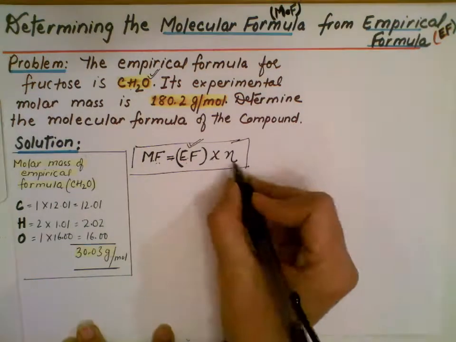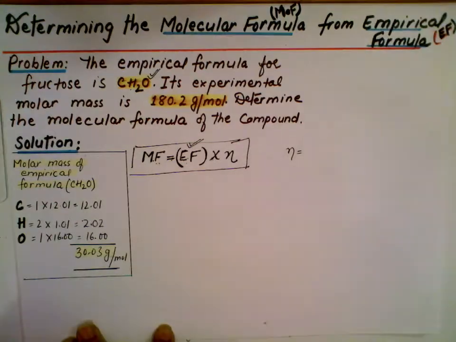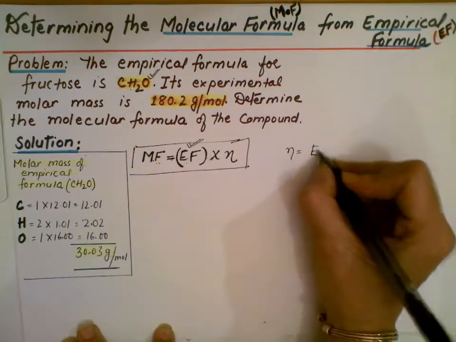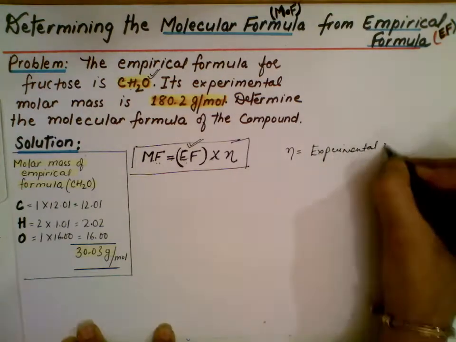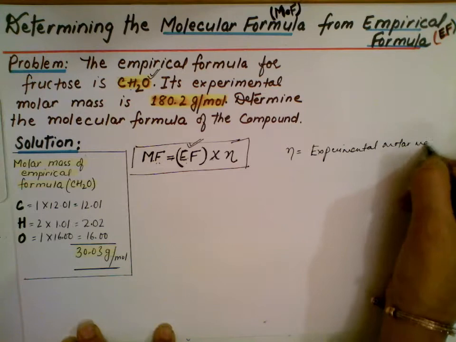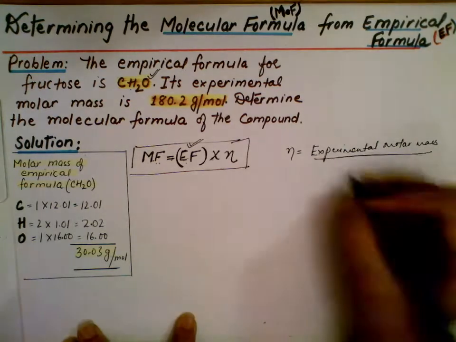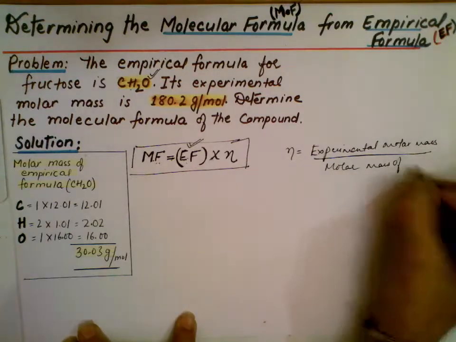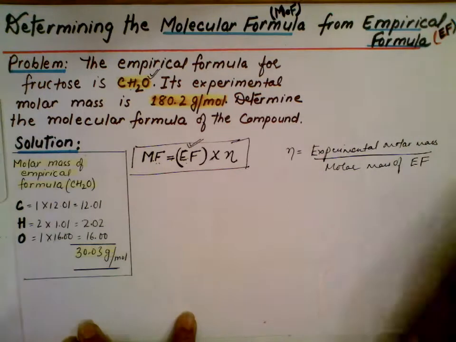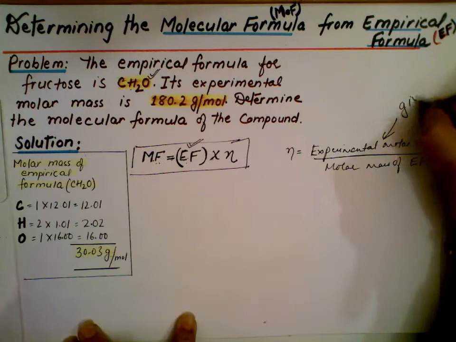For this, let's figure out n, and n is actually the experimental molar mass divided by the molar mass of the empirical formula. So this is the ratio of the molar masses. The experimental molar mass is already given in the problem.